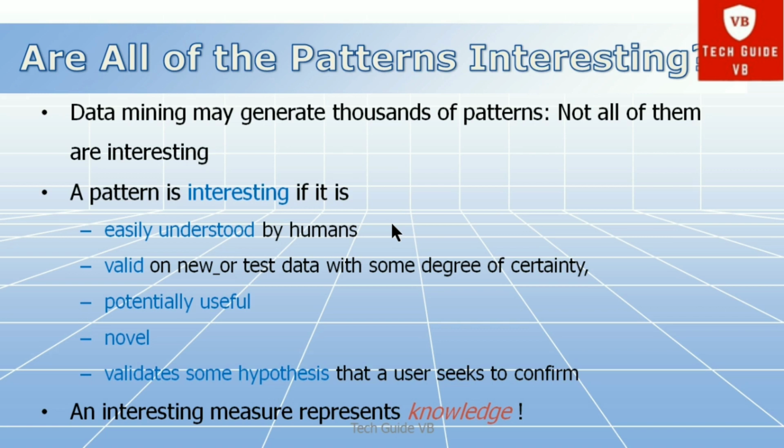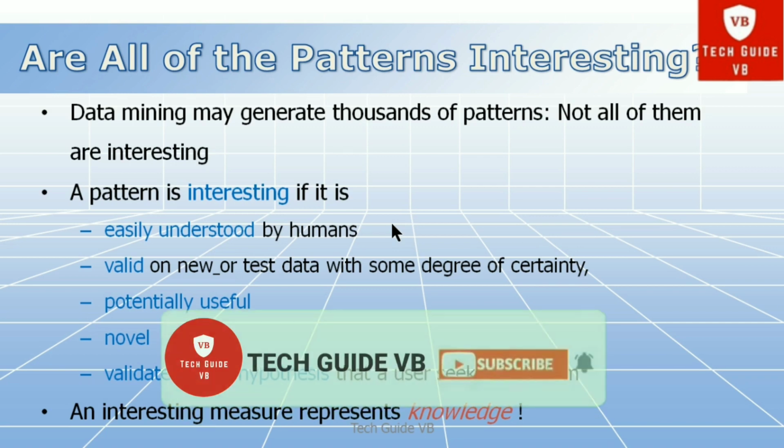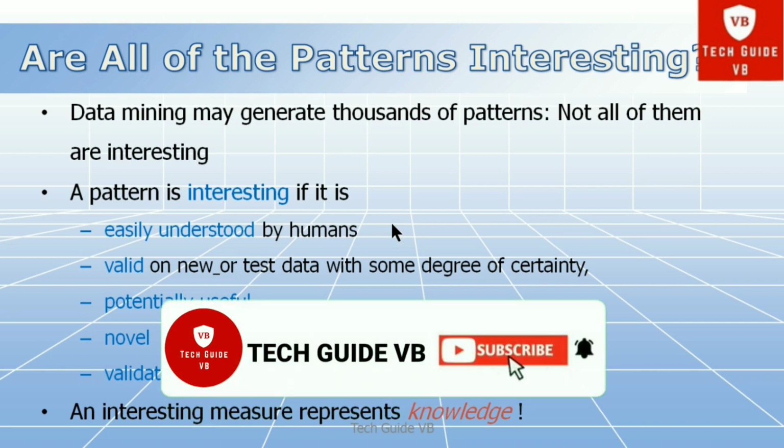So a pattern is interesting if it is easily understood by humans, valid on new or test data with some degree of certainty, and potentially useful, novel, or validates some hypothesis that a user seeks to confirm.